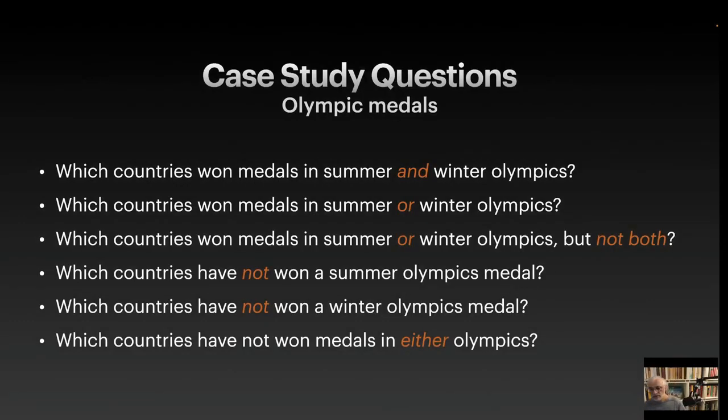So these are some questions that you might want to ask. Which countries won medals in Summer and Winter Olympics, both Olympics? Which countries won medals in the Summer or Winter Olympic Games, but not both? Which countries didn't win any medal in the Summer Olympics, didn't win any in the Winter Olympics?